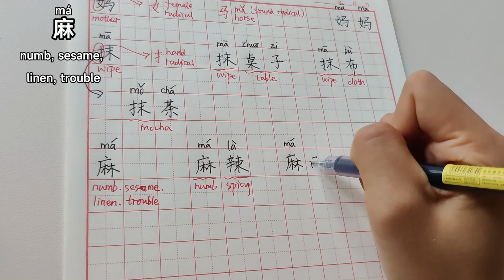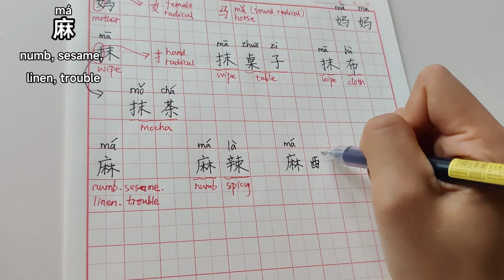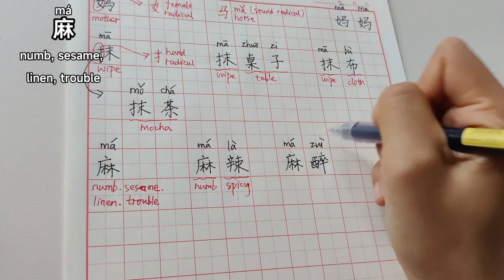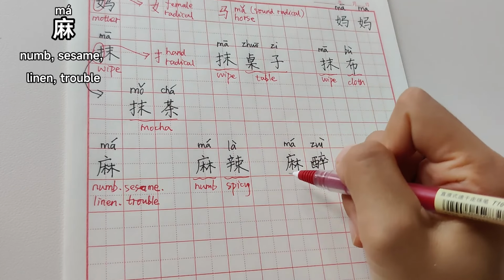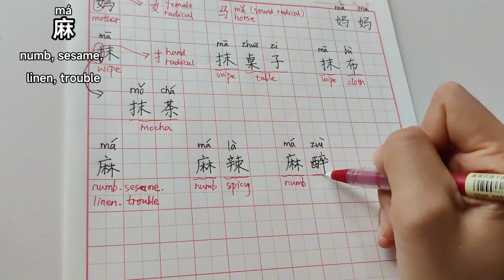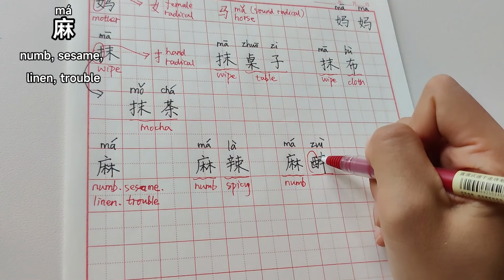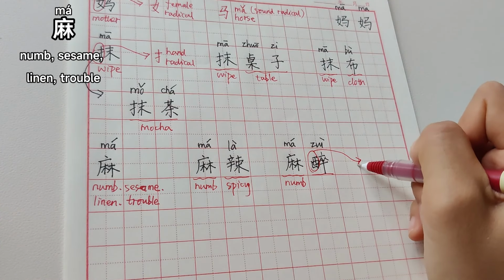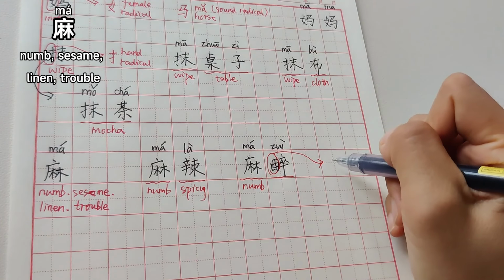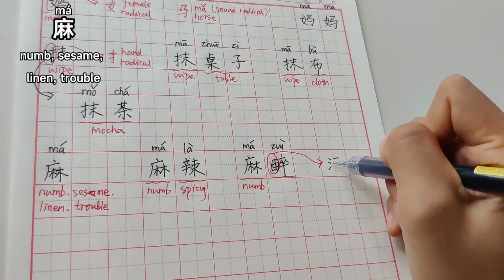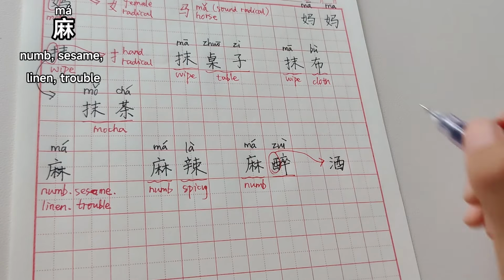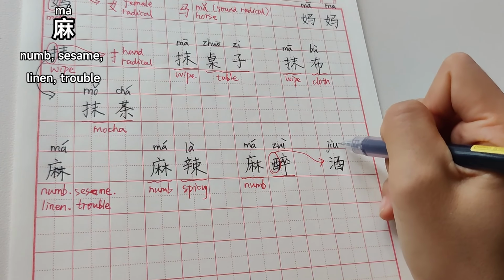Ma zui. The ma means numb. As for the zui, this one's interesting. You see the left part of it. Actually, I don't know if you can recognize it, but I want to write it out. Yeah, this is 酒.